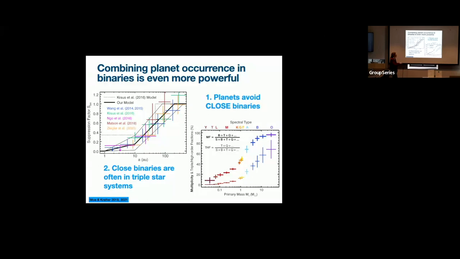But if I were to restrict this to only close companions, say binaries that have separations of maybe a few days, maybe 10 days, 90% of them or more have a tertiary companion. So if I have three bodies and all of them are stars, the close binary really wants to have a tertiary companion. If I have three objects and one of them is a planet, no, it does not want it. It does not like that configuration. That configuration is very rare.